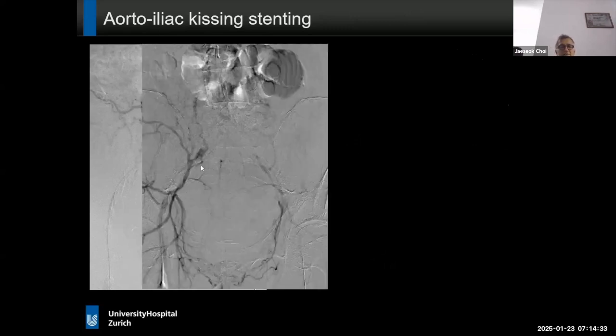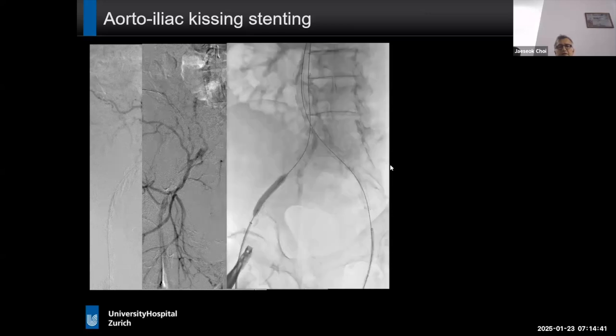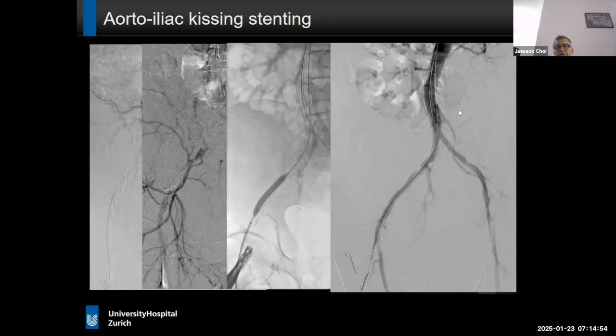Collaterals reconstitute the external and internal arteries, across lumbar arteries, for example. And stenting was performed. Here you can see both stents, just bare stents, and then stenting also of the external iliac artery, achieving hereby a quite good angiographic and clinical result.